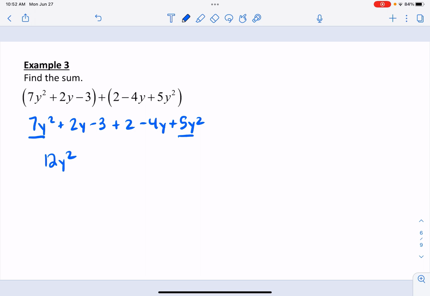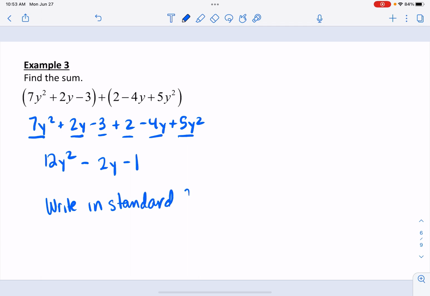Then I have 2y minus 4y, well, that is going to be negative 2y. And then negative 3 plus 2 is a negative 1. And we always want to write these in standard form, highest degree to the lowest degree.